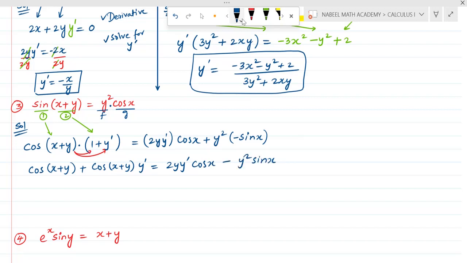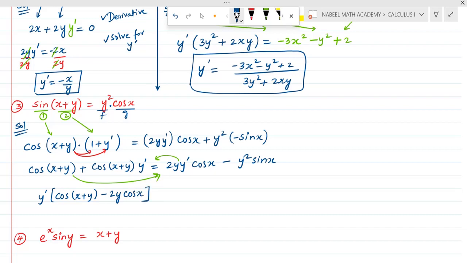So I need the y prime on one side. Move this part here and move this one here. So you will get the terms. I will take the y prime common. The remaining term you will have is cosine x plus y, and then if you move the other side it becomes minus 2y cosine x.